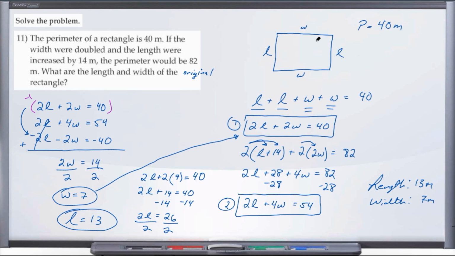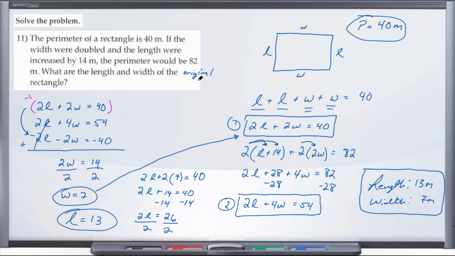And let's see if that's true. Well, length is 13, so 13 plus 13 is 26, plus 14 does indeed equal 40, and so we know that our measurements are correct.